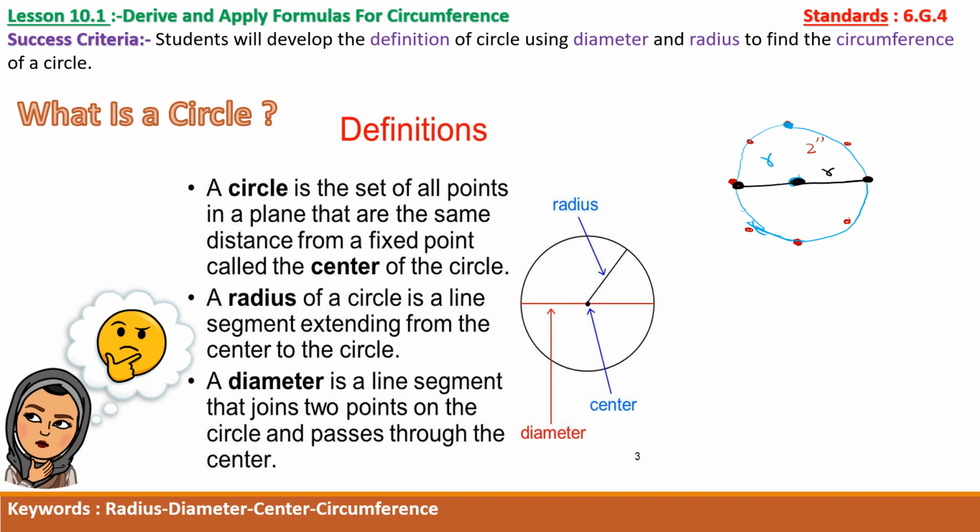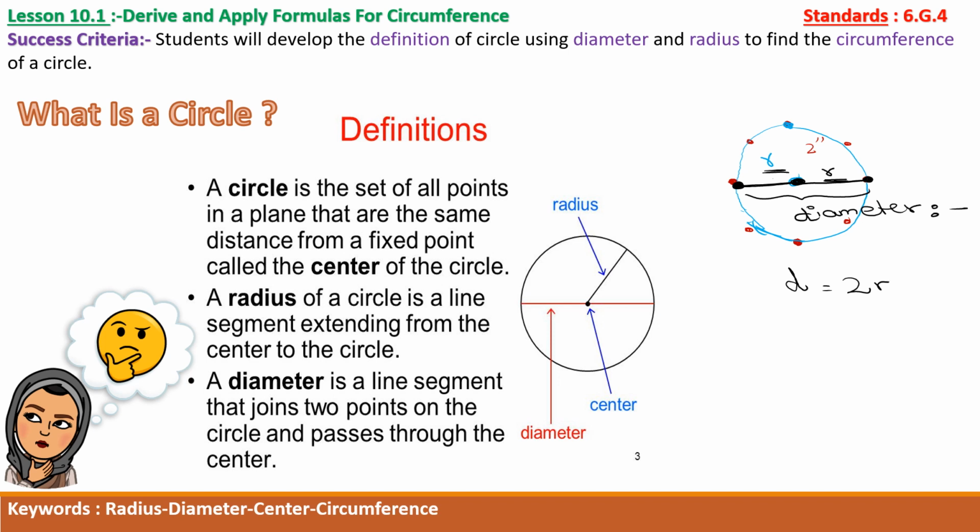So you can see that one side is R, the other side is R, and collectively these two sides are said to be D. And what is D? D is the diameter of the circle. So the diameter is a line segment that joins two points on the circle passing through the center. The whole D is made up of two R's, so D equals 2R.